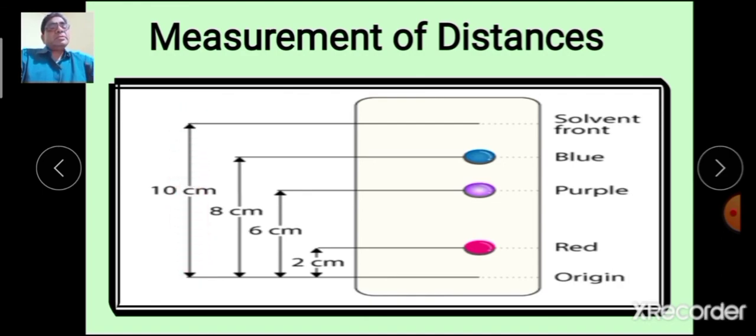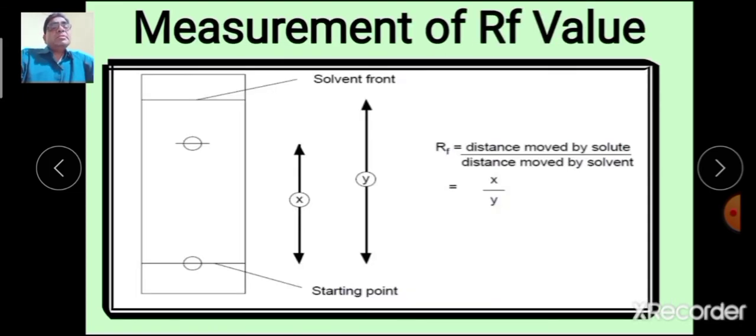Now this red component has the most affinity to the solvent, and therefore it is separated at the closer distance, and therefore the Rf value is calculated from this information. The calculation of Rf value is done by taking the ratio of the distance moved by the solute to the distance moved by the solvent front, and it is referred to as the Rf value.